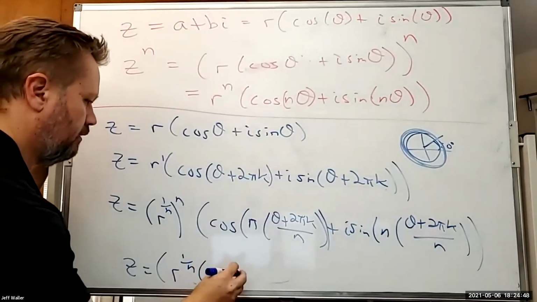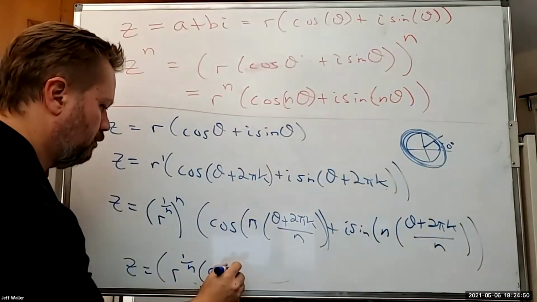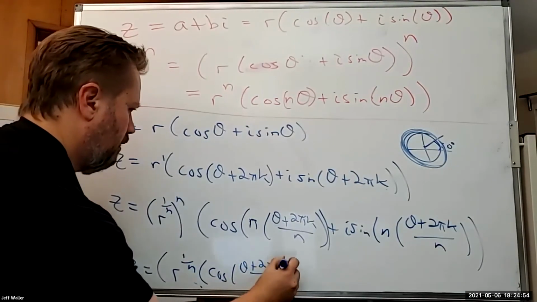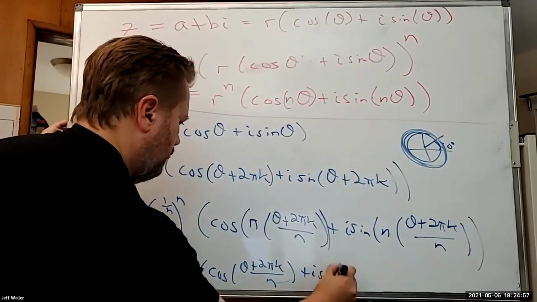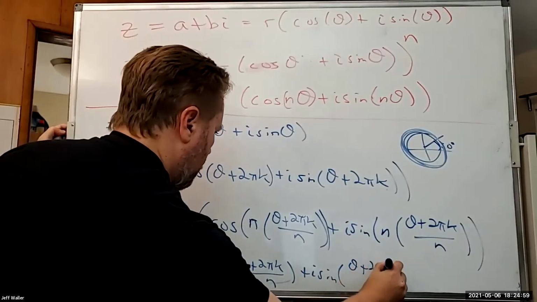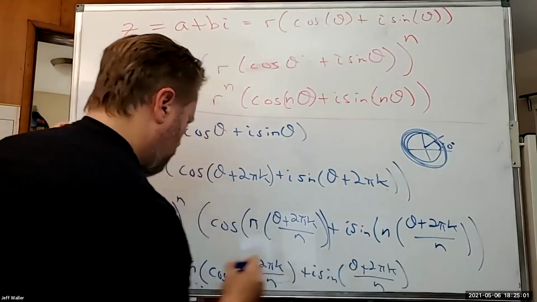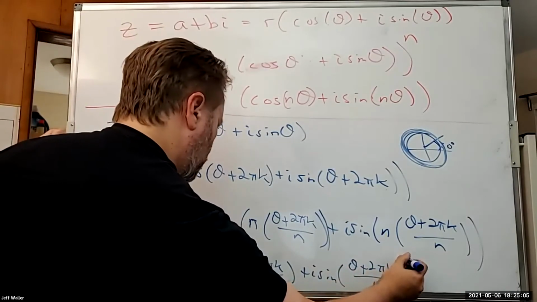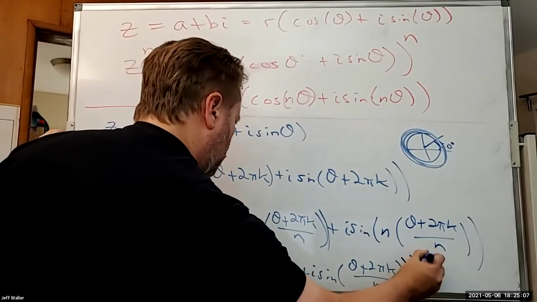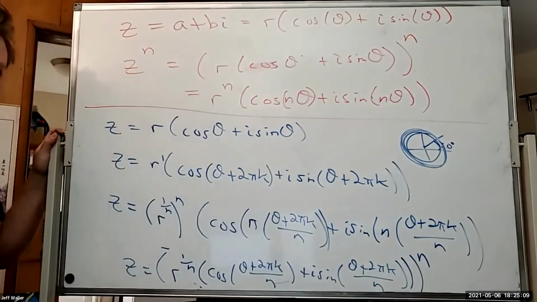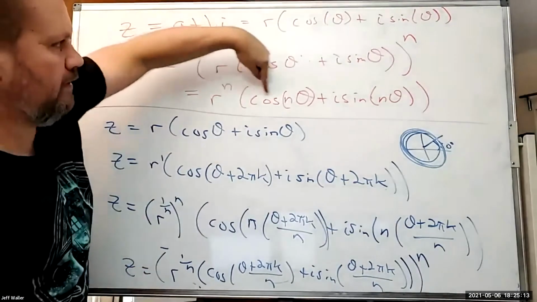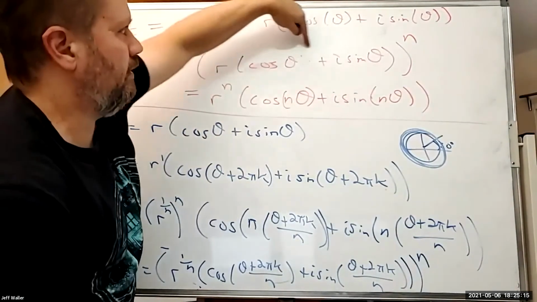Times cosine of theta plus 2 pi k over n plus i sine of theta plus 2 pi k over n, all to the nth power. If I see something that looks like this, I can write it like this to the nth power.